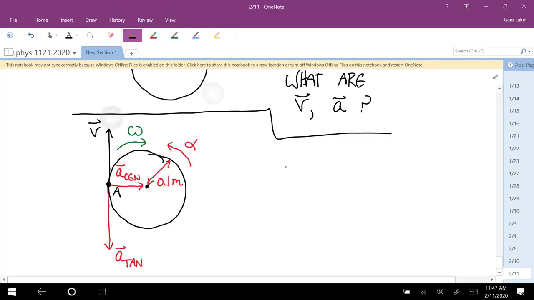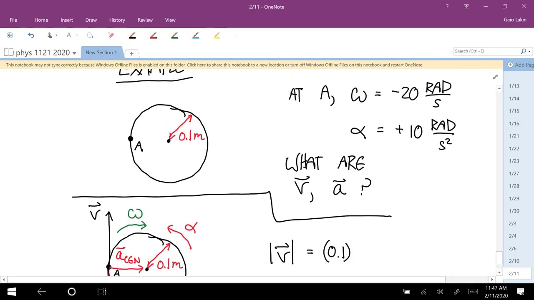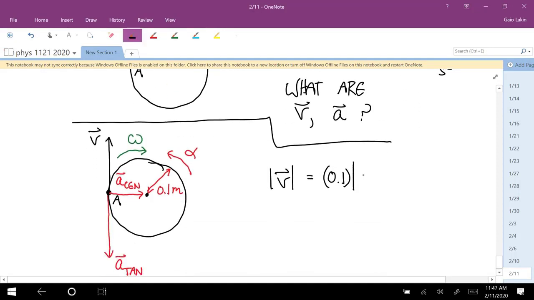The magnitude of the velocity vector is the radius times the absolute value of negative 20. So that's 2.0 meters per second.